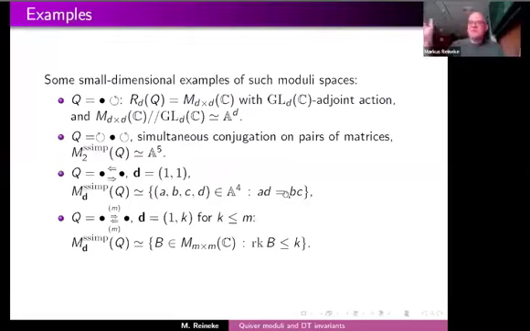But in general, if you do this computation for arbitrary quivers and dimension vectors, computations will become very hard, and the resulting varieties will be nothing you have ever seen in any other field of algebraic geometry. All right, so these are some small dimensional examples, but that's enough for the purposes of the following.